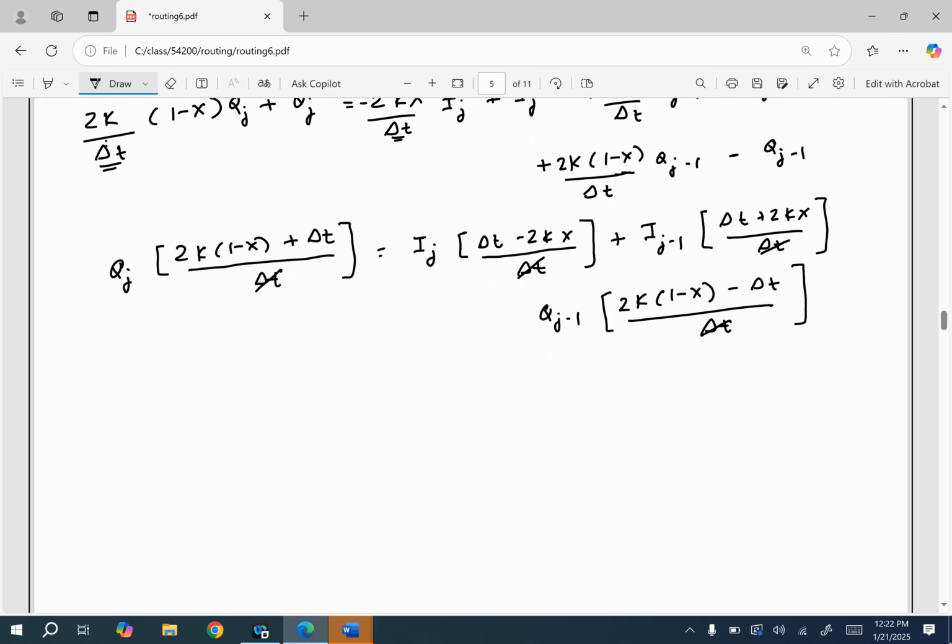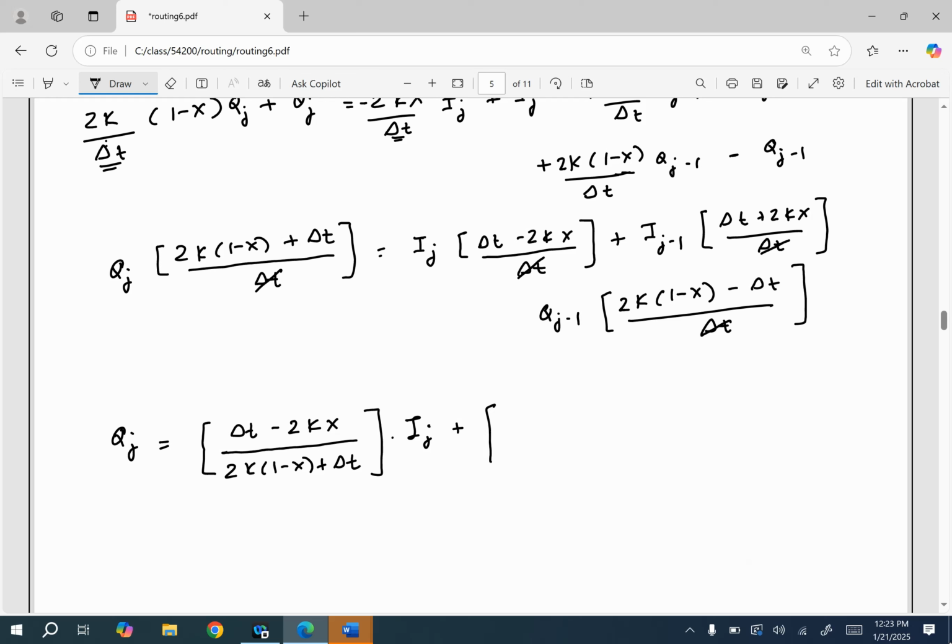So what I have now is Qj, and I'm going to bring this coefficient for Qj, which is 2k(1 minus x) plus delta t, as denominator on the other side. So I have (delta t minus 2kx) divided by (2k(1 minus x) plus delta t). That's my Ij.